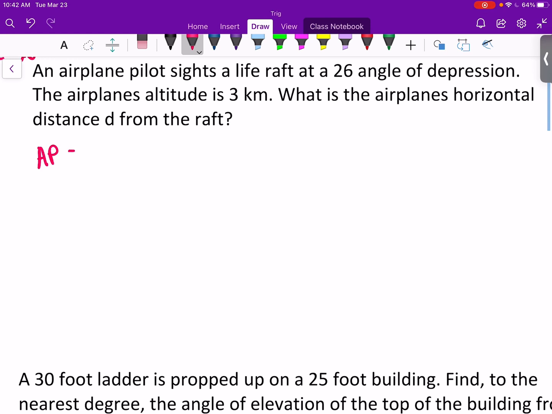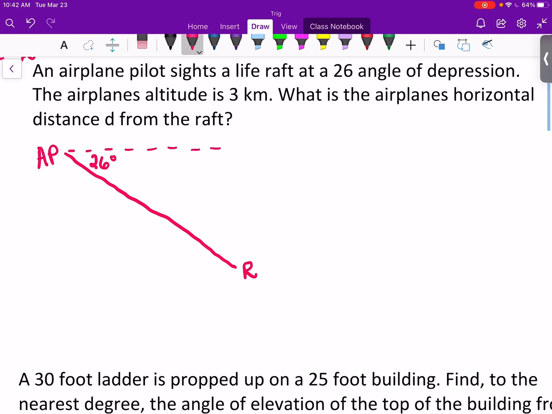The angle of depression down to a life raft on the water is 26 degrees. Remember, I have to take my angle of depression from the horizontal line. So this is where my 26 degrees would go. And down here is my life raft, and I'm going to mark it with an R.